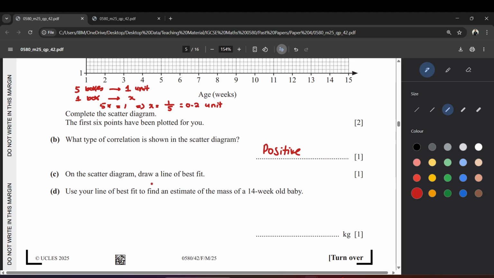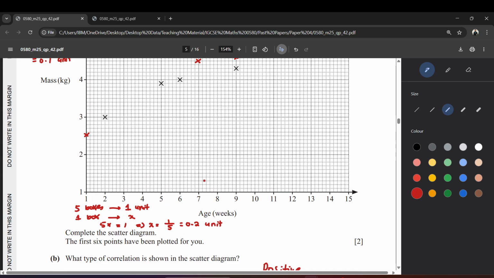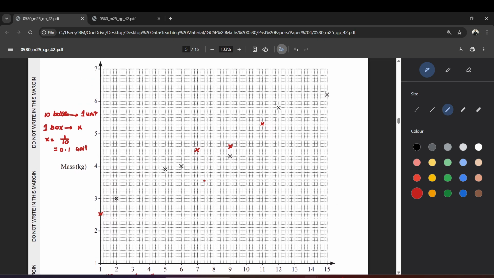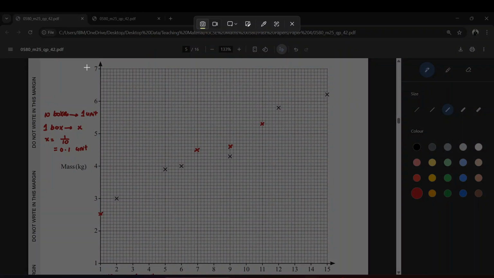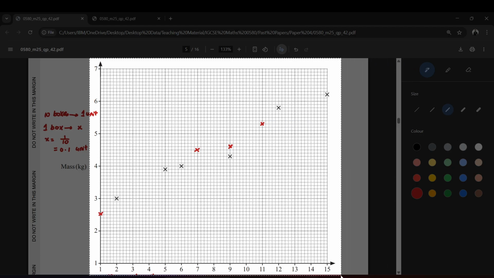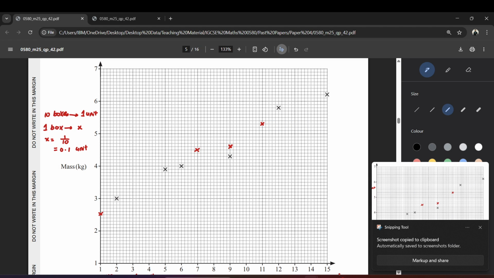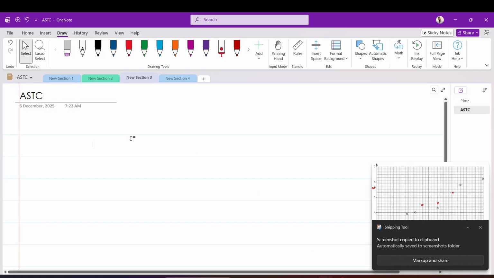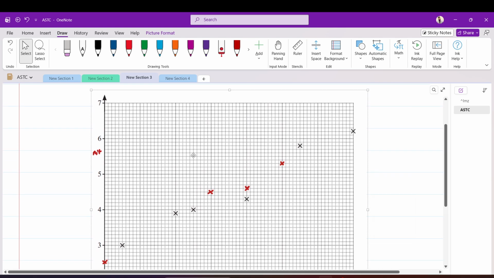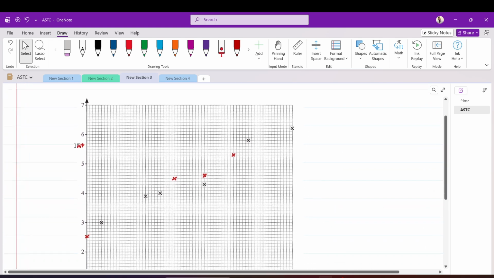On the scatter diagram, draw a line of best fit. Okay, so now for this purpose, let me take a screenshot. Okay, so now we have to draw a line of best fit.